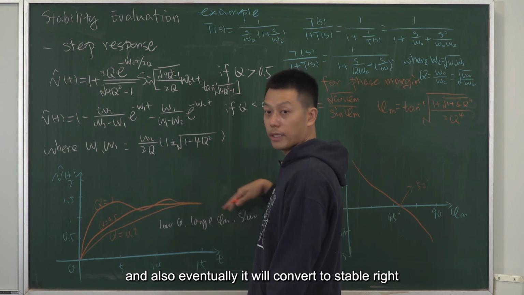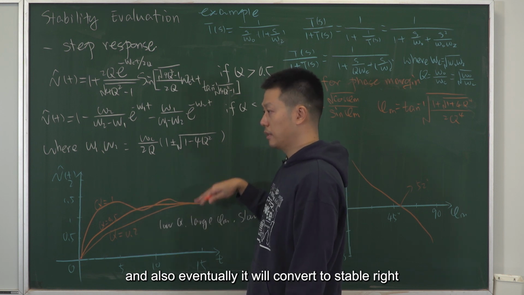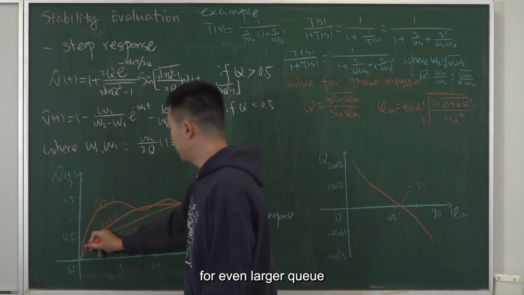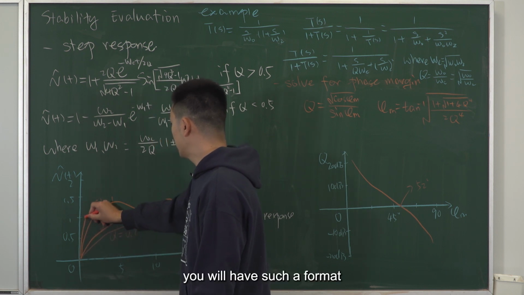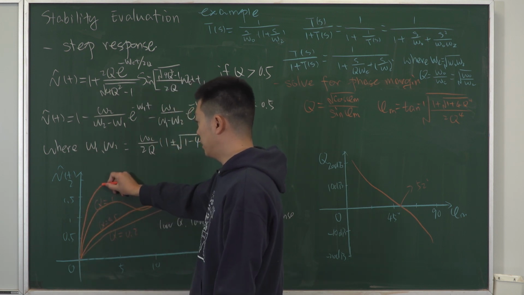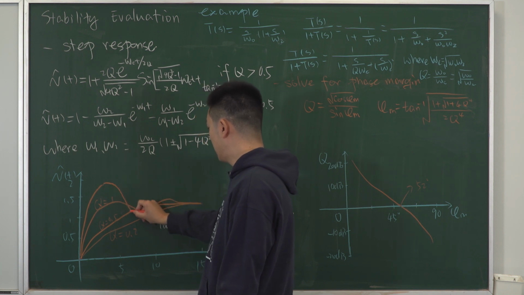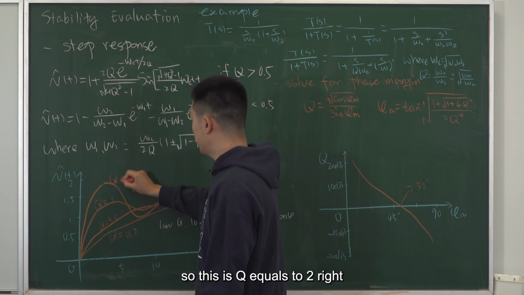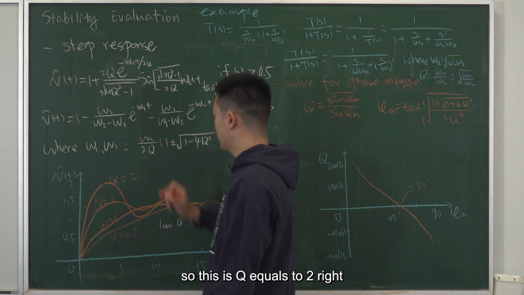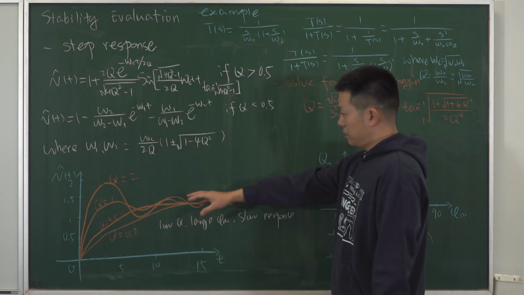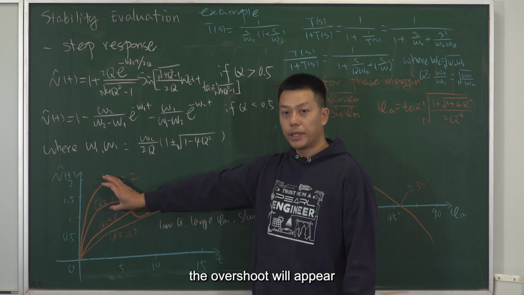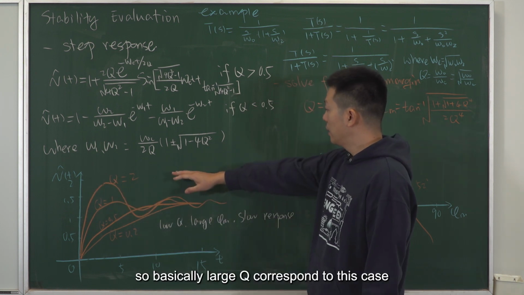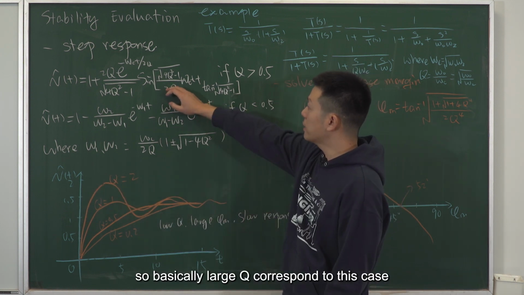And also eventually it will converge to stable. For even larger Q, you will have such a format. So this is for Q equals 2, right? So overshoot will appear.